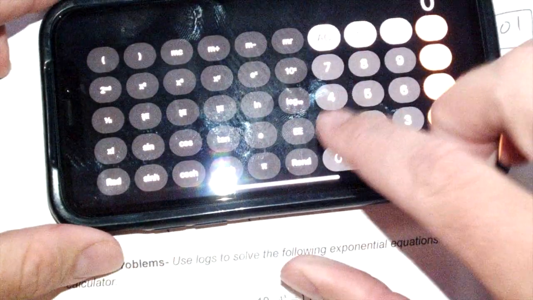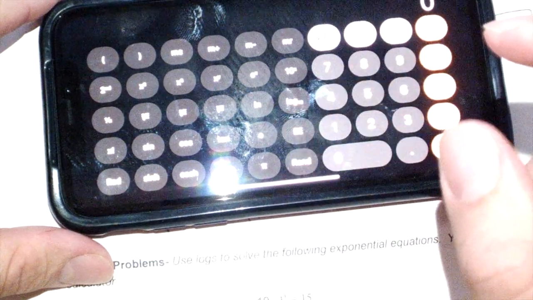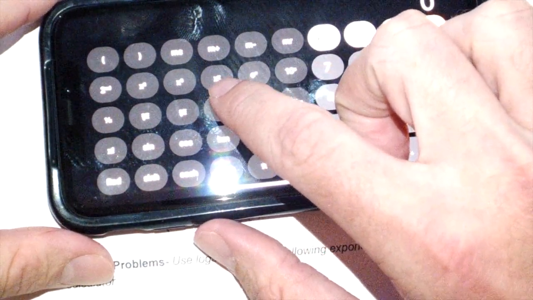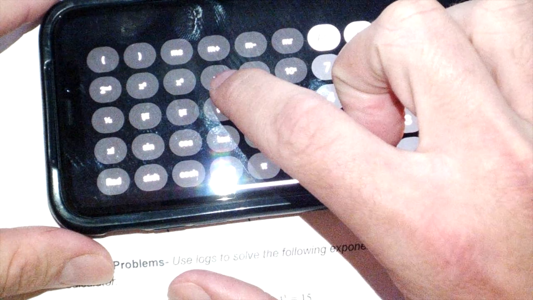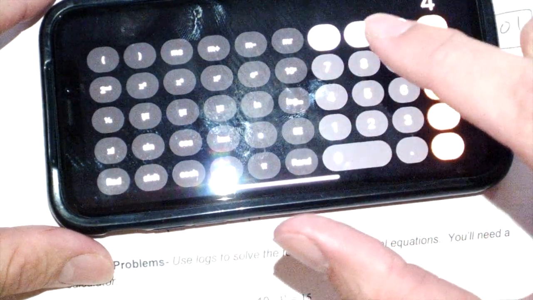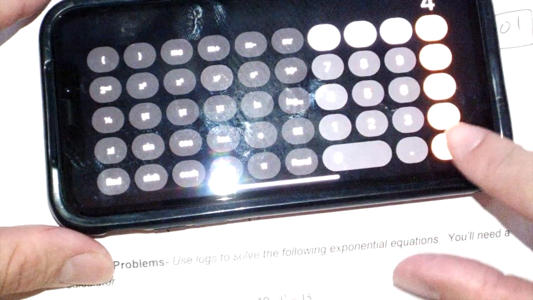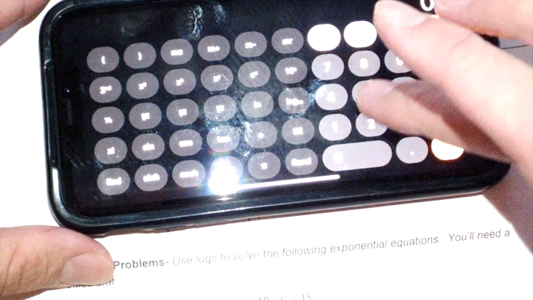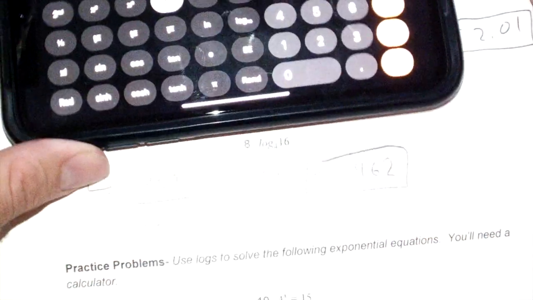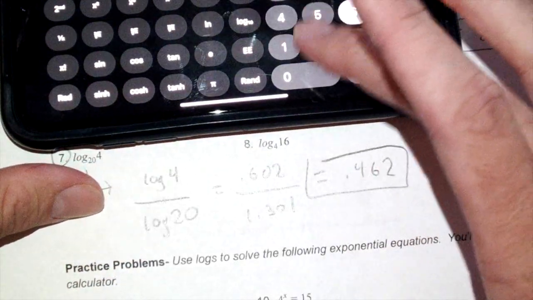We could do this one, y root x, and all that's saying is x raised to the y, and all that means is put a number in, and you press that. We're trying to check our work, so we're raising it to the 0.462.